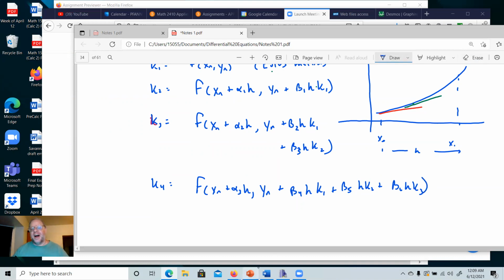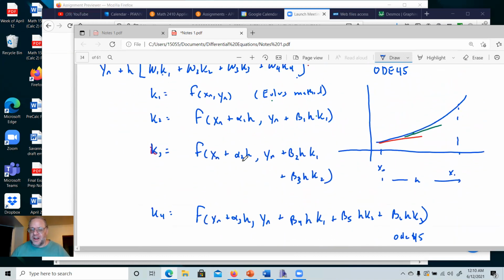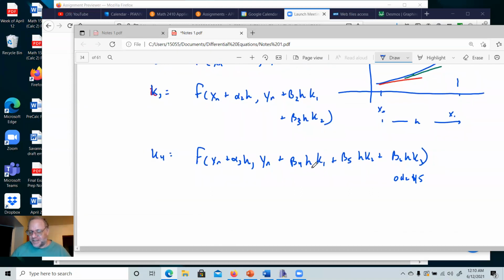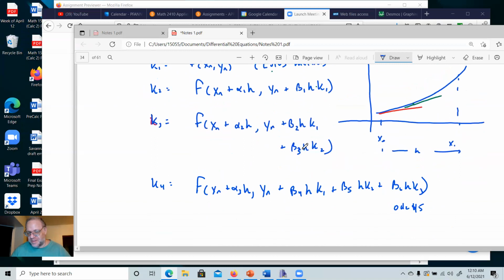Like I said, though, MATLAB already has a command, ODE45, that does this for us. You might have to program this in Python or something. Runge and Kutta came up with what the alphas and betas should be, so that everything stays proper.